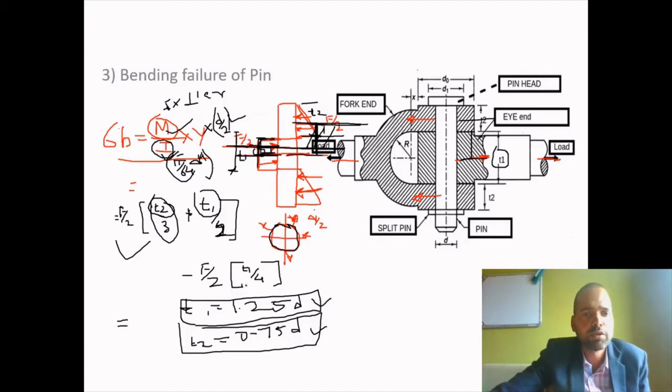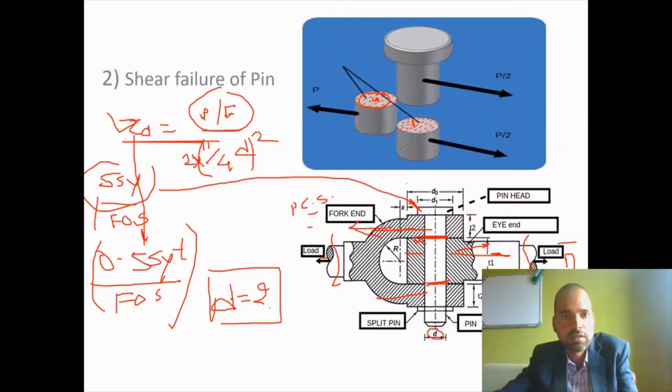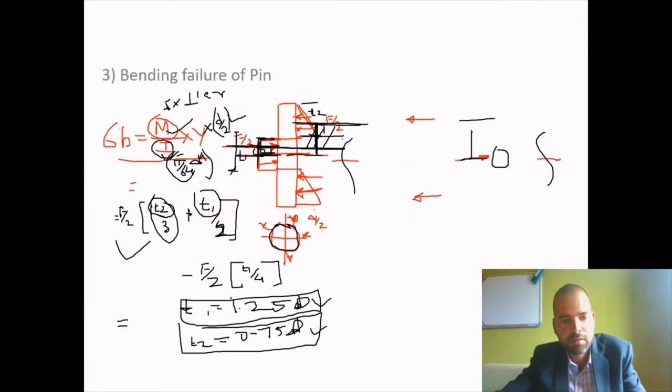So to calculate the diameter of the pin, we'll first initially assume t1 is equal to 1.25 times d and t2 is equal to 0.75 times d, where capital D is the diameter of this rod, which we have initially found out.